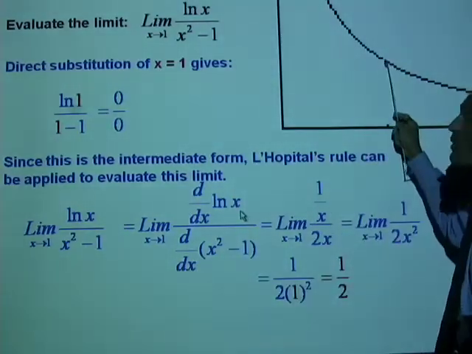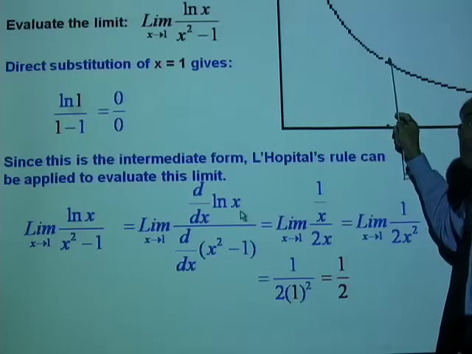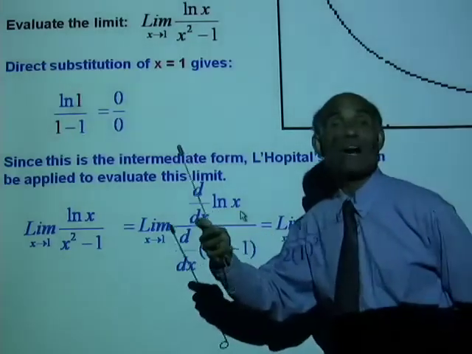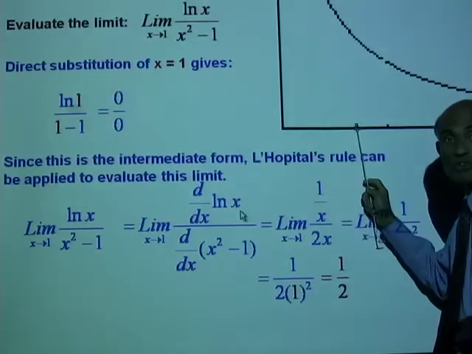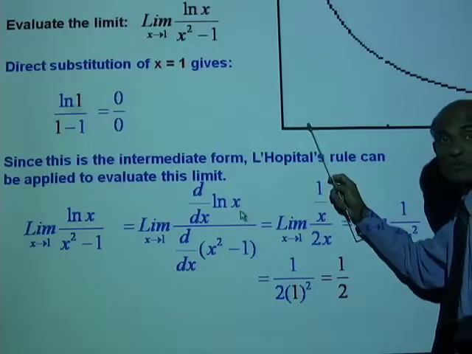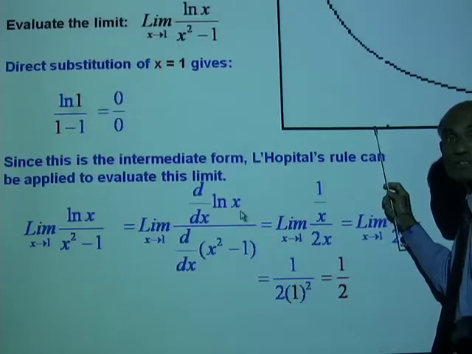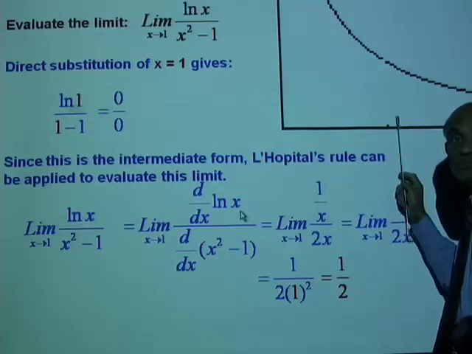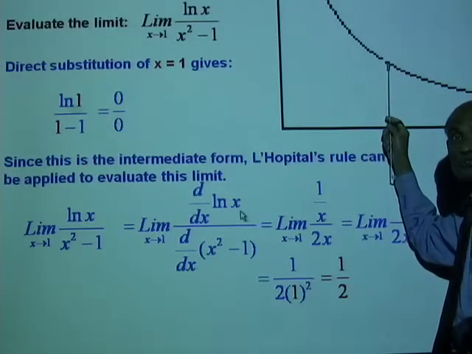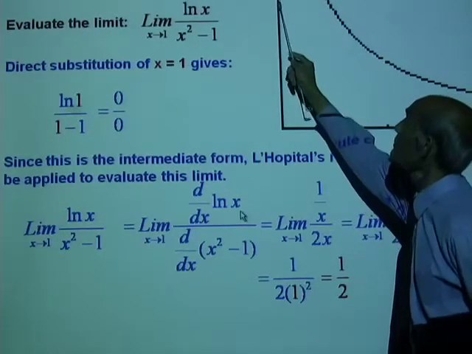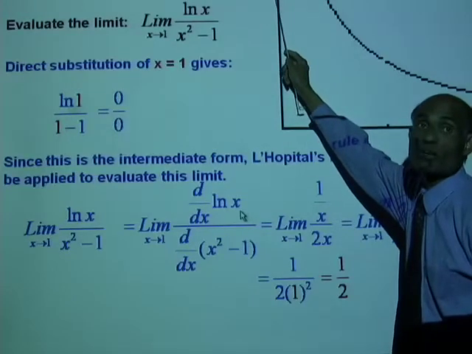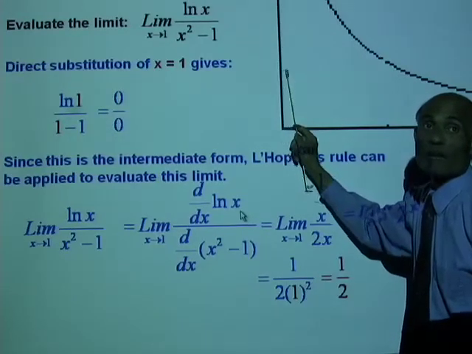You can see there's a hole there. That indicates that the function is undefined at x equal to 1. But as x approaches 1 from the left and from the right, the function value approaches 1/2. This is 1/2 because I have used the scale so that that's 1, this is 1/2.